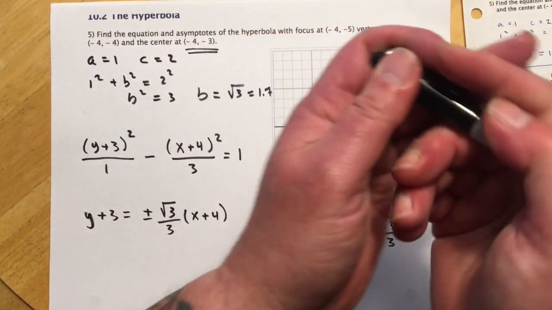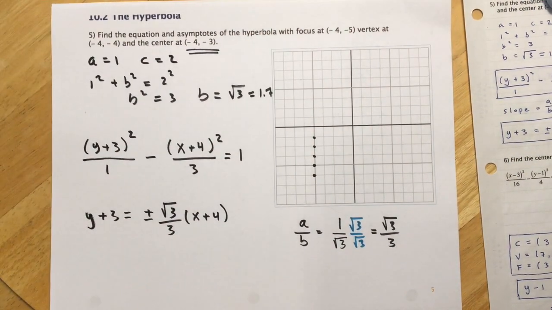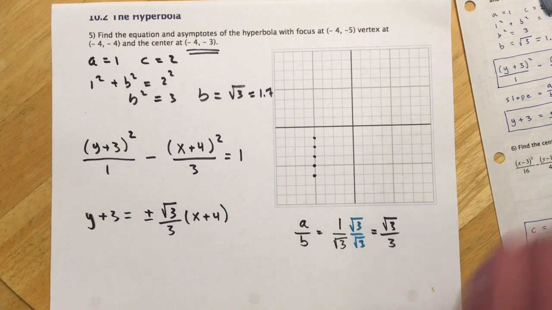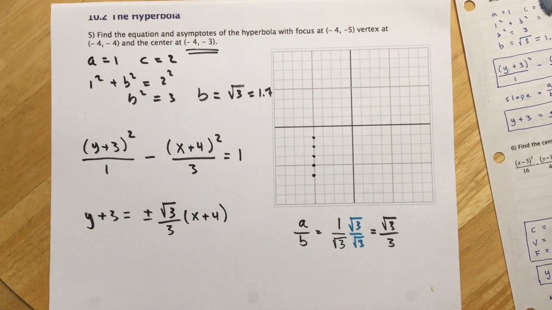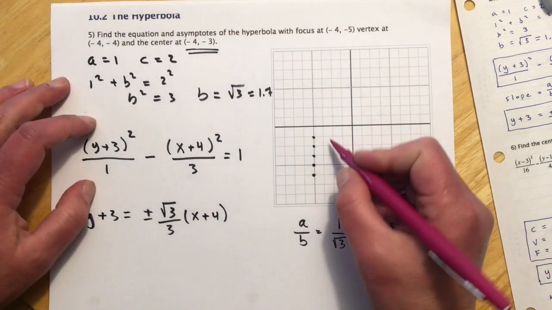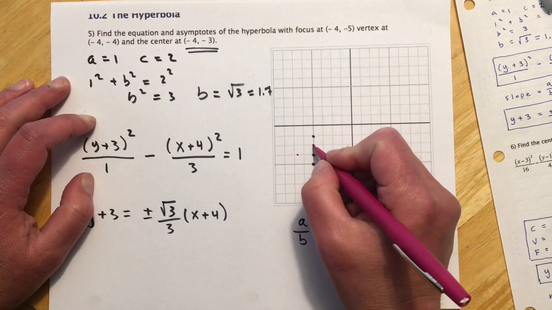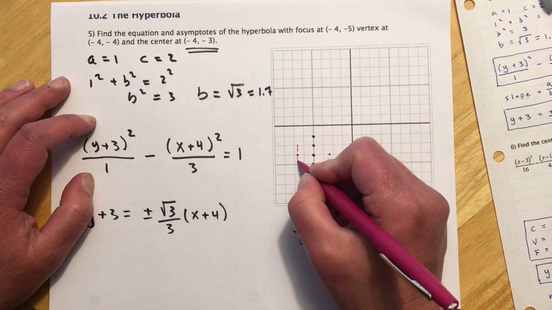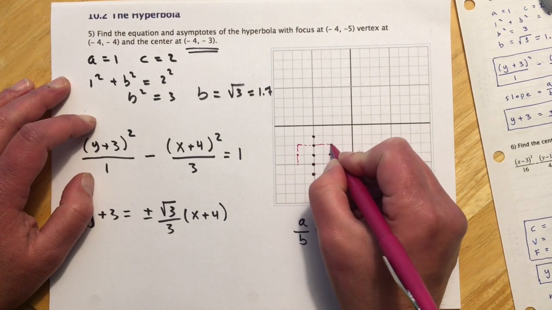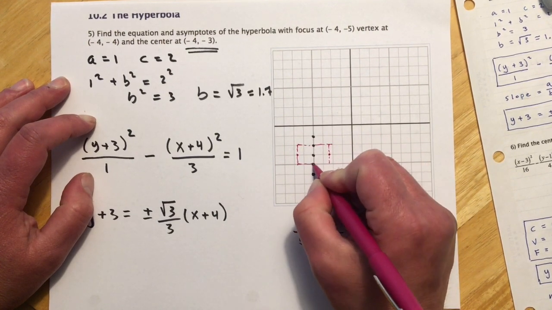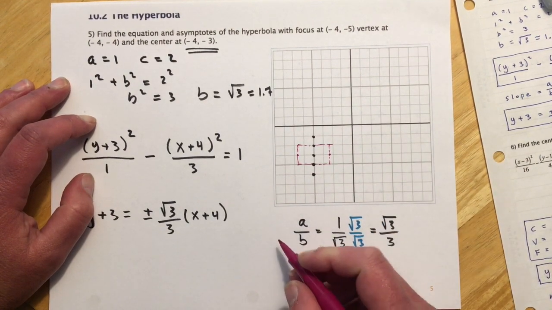So let me get the rest of the graph drawn in. B is 1.7, so that's about here and about there. And that's my focus, so the box, oops, a little too far there, is going to be like that.